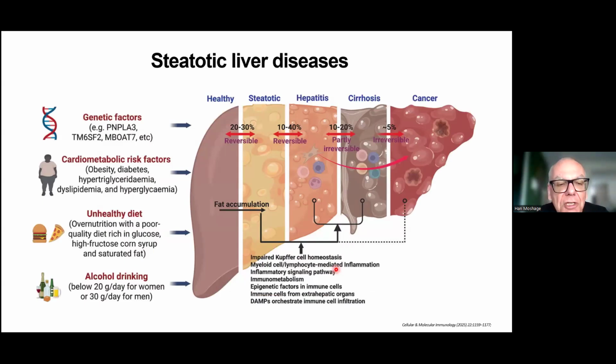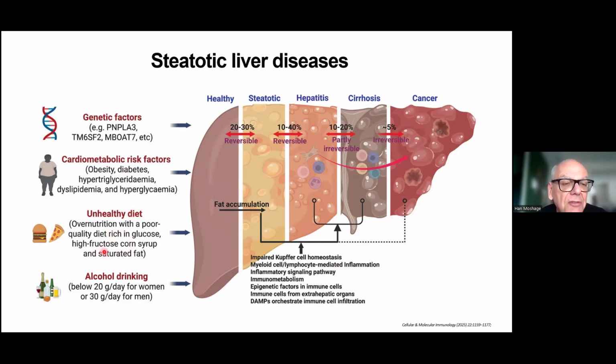I would like to focus a little bit more on steatotic liver diseases, or fatty liver, because it's the most prevalent liver disease nowadays, and its prevalence will only increase in the future. So what are risk factors for fatty liver? Apart from an unhealthy diet, we already talked about it, overnutrition with a poor quality diet, rich in sugars, carbohydrates, fructose, glucose, and saturated fats.